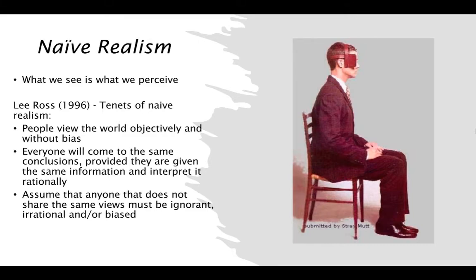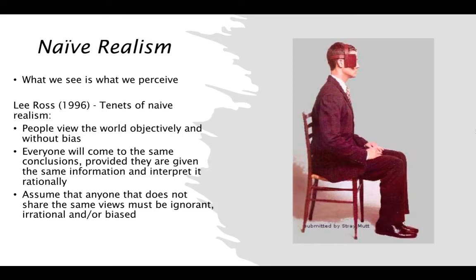Philosophically, realism is the idea that our senses allow us to perceive stimuli directly without any intervening processes. In social psychology, it is the human tendency to believe that everyone views the world objectively. This also implicates that what we see is what we perceive.